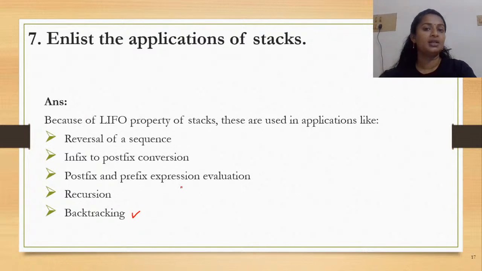Only then can you travel in the reverse order. Here again we use the property of stack. Which property? The LIFO property. So definitely the data structure that we would be using is stack. Hence backtracking.